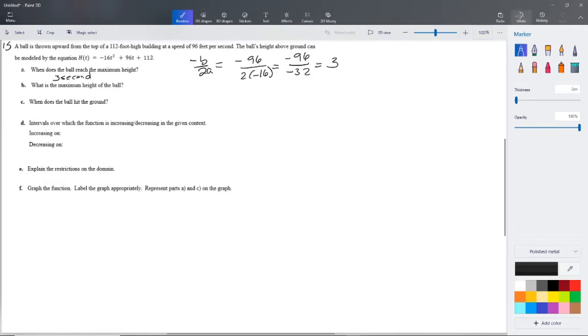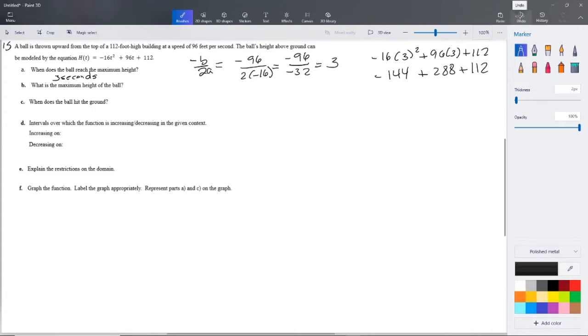Now the other part of the vertex should answer the actual height itself. So we put 3 into the equation. So we have negative 16 times 3 squared plus 96 times 3 plus 112. Well, 3 squared is 9, and 9 times negative 16 is negative 144, plus 96 times 3, that's 288, plus 112.